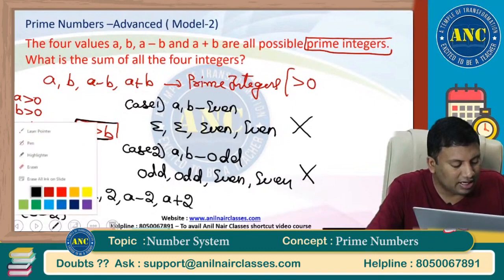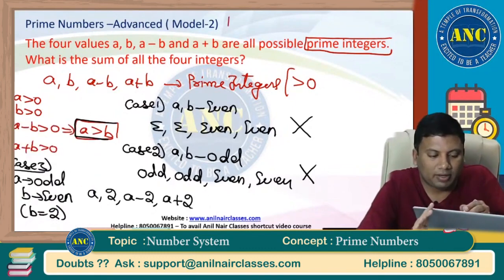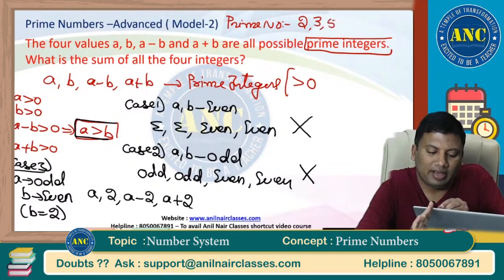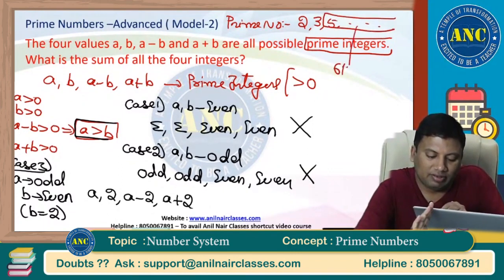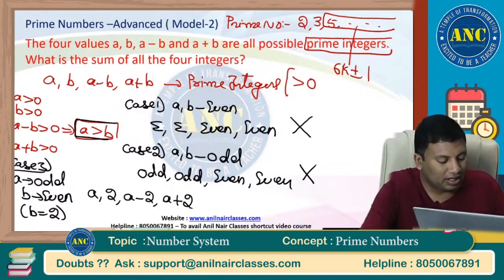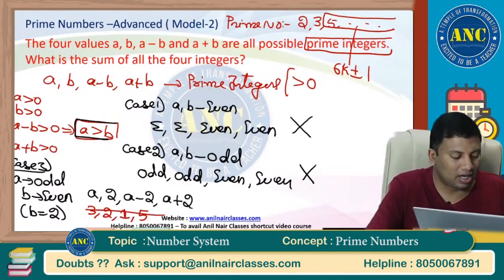Let us take A greater than B. The prime number series will be 2, 3, 5 and so on. Any prime number greater than 3 is of the form 6k plus or minus 1. So let me take 3, 2, 3 minus 2, 3 plus 2. 1 is neither prime nor composite.